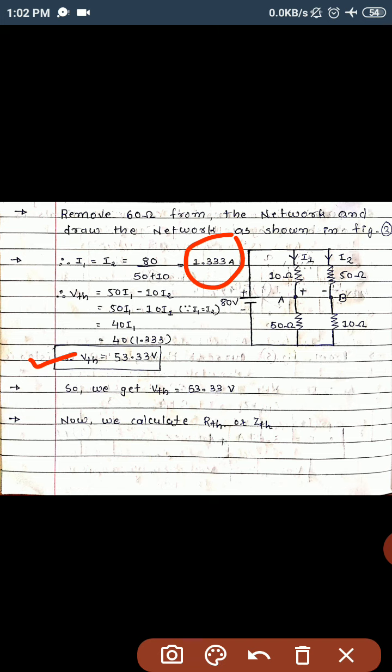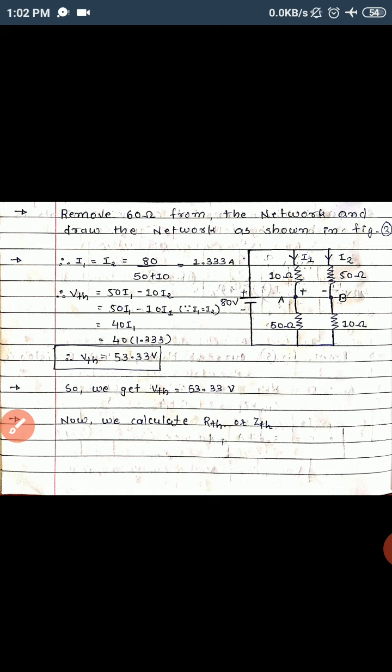So in this figure we get VTH, that is 53.33 volt. Now friends, we calculate the value of RTH, or we can say ZTH.